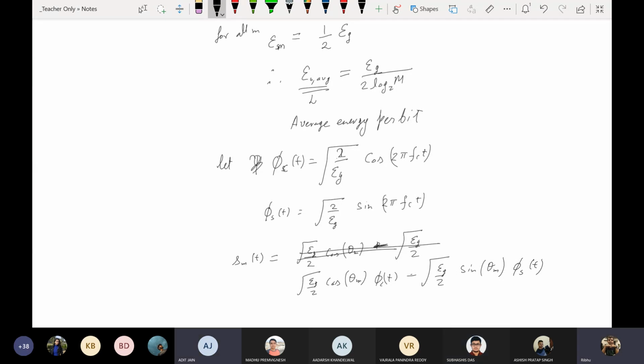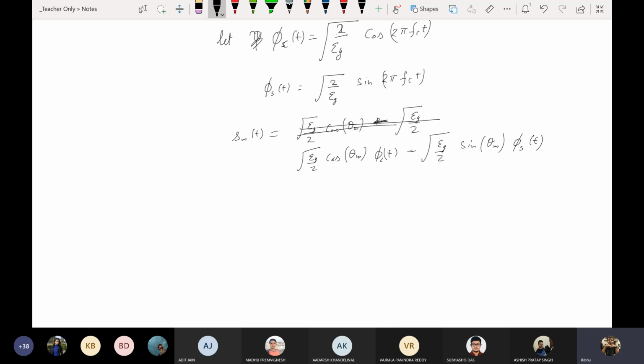Yes, sir. Fine. And φ_c(t) and φ_s(t) are orthonormal. You can check it. Over one symbol period, or even over n symbol periods, these will be orthonormal.